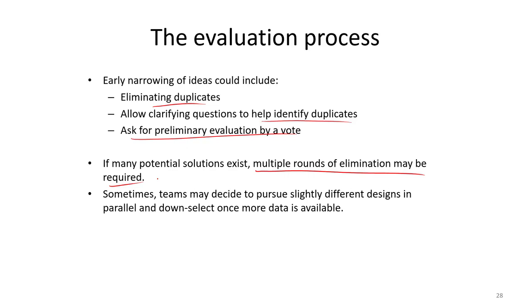And I can tell you from firsthand experience, sometimes we don't have enough information to choose a single best solution. So sometimes teams will decide to pursue slightly different designs in parallel at the same time. And once more data is available, then we make a final decision.